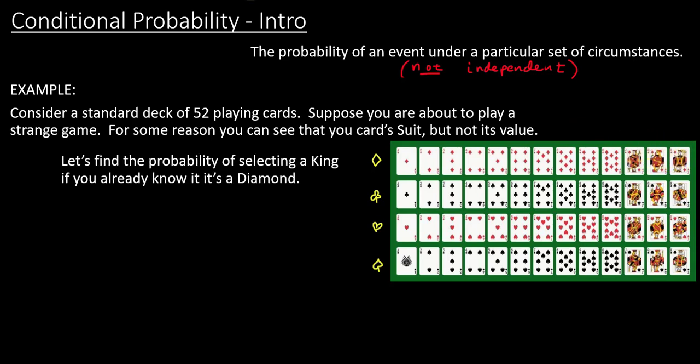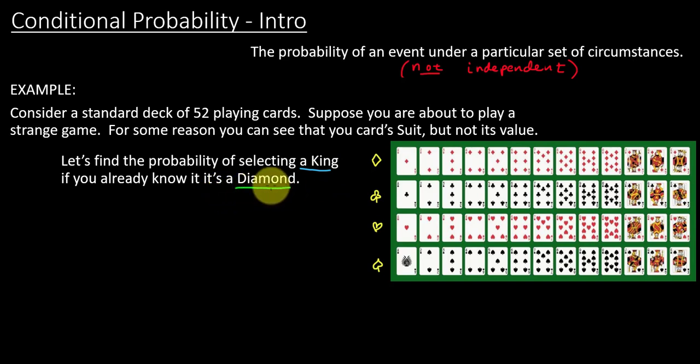I would like to take an intuitive approach of addressing a conditional probability. No formulas, just intuition. Let's find the probability of selecting a king if you already know it's a diamond.